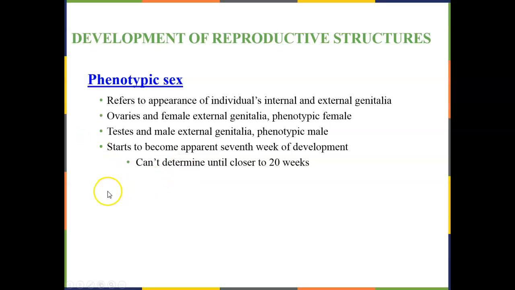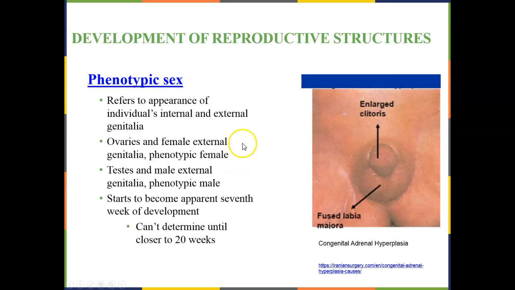Now, genotypic sex and phenotypic sex don't always match. There are disorders, and this is linked to a video that you can watch, and I'll talk about that in a minute. You can be an XX, but have structures that make you look like you are XY. Here's an example of an infant that has congenital adrenal hyperplasia.